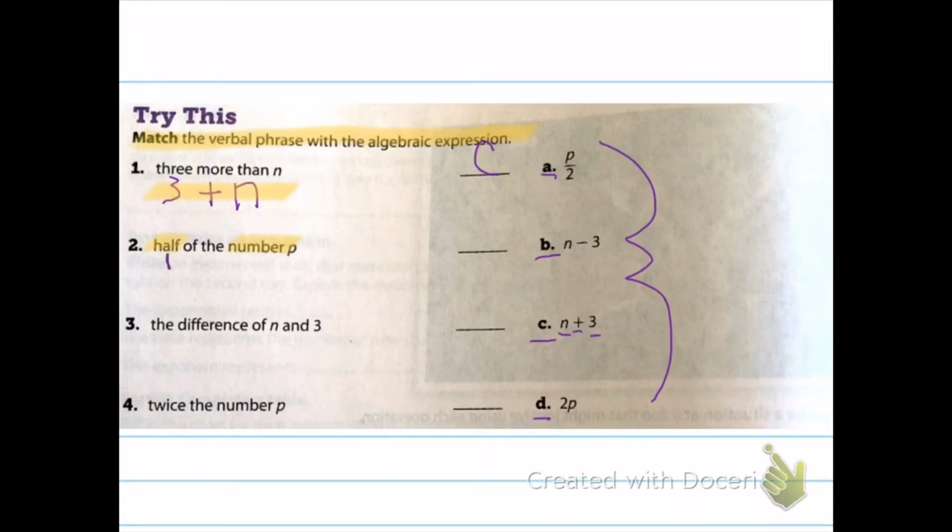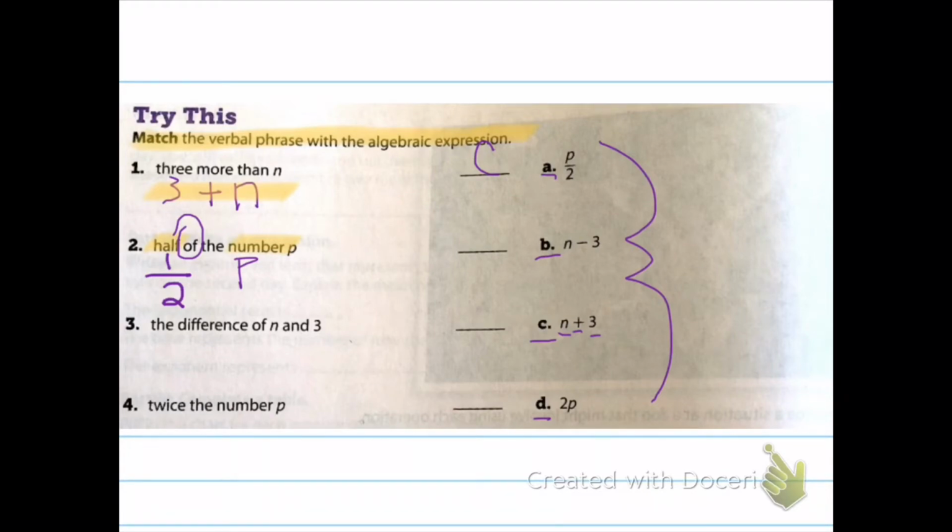We know that 1/2 looks like that. We know from our math vocabulary that the word "of" wants us to multiply, and then it wants us to throw in the letter P.